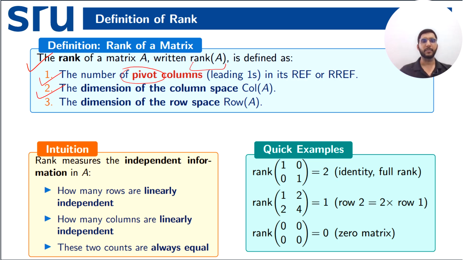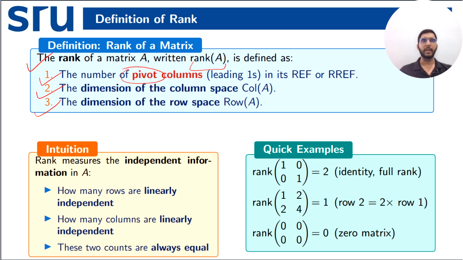Secondly, the rank of a matrix is also defined as the dimension of the column space. This means it counts how many columns are linearly independent. Similarly, rank can also be defined as the dimension of the row space, which means the number of linearly independent rows.